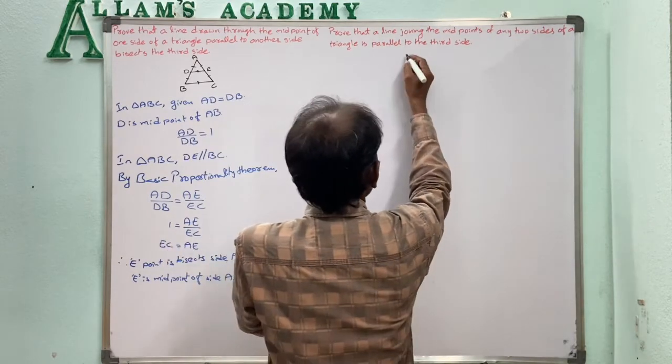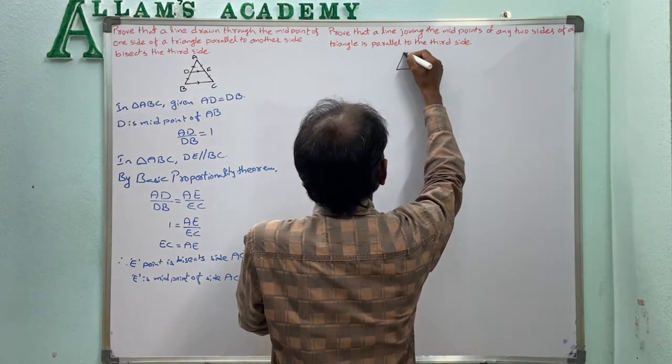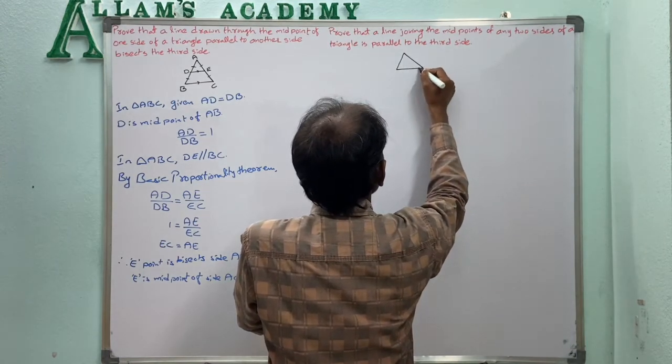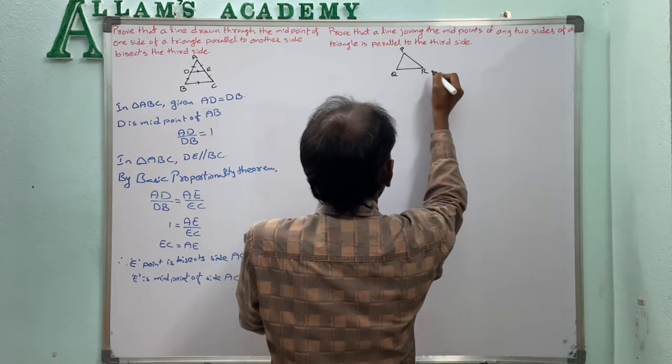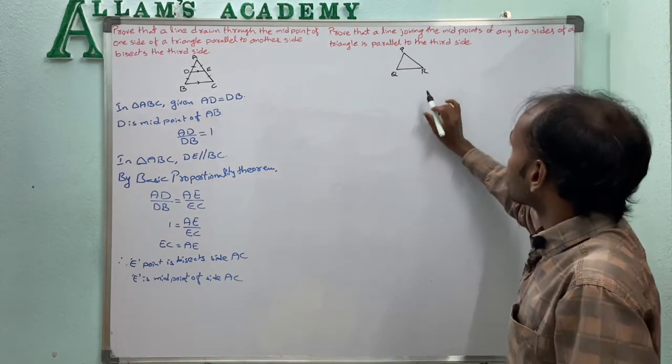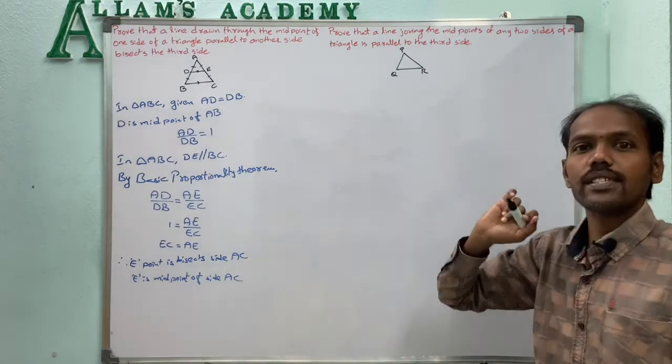So here we are taking a triangle PQR. In this triangle, the midpoints of any two sides are joined.